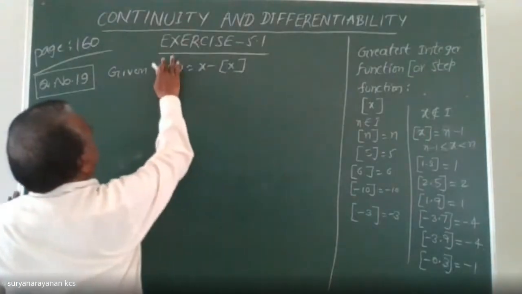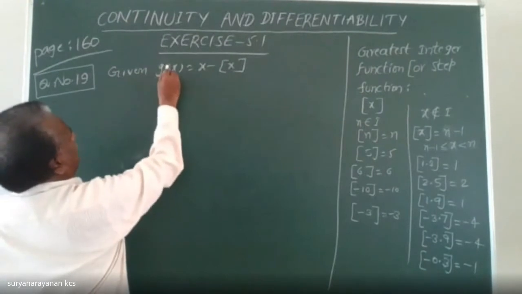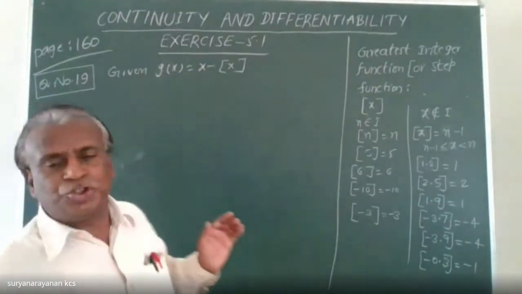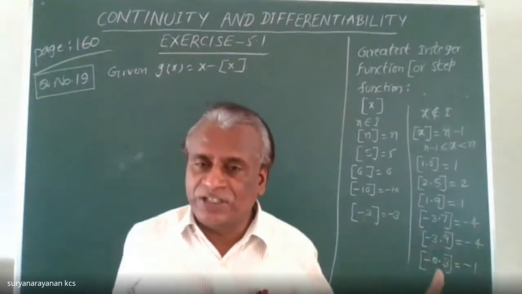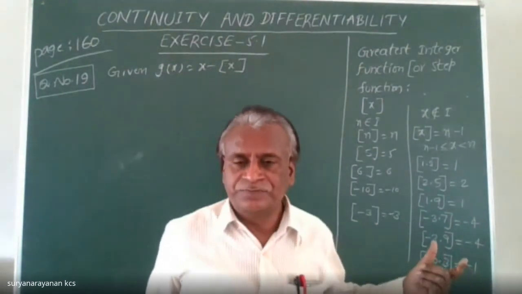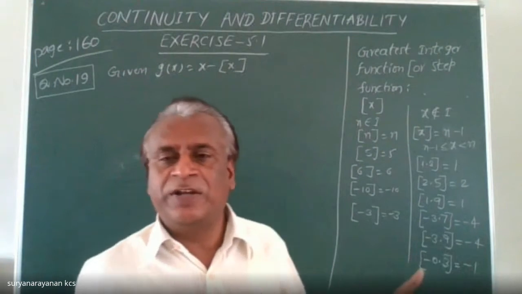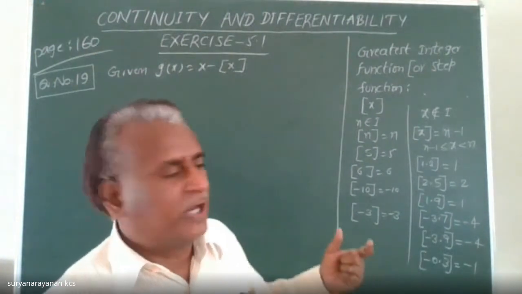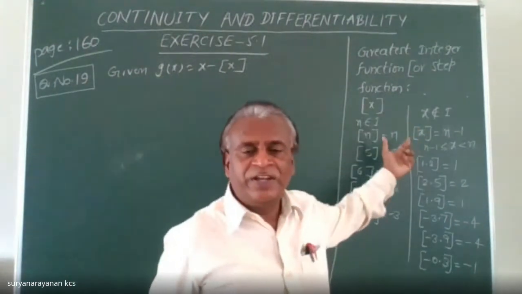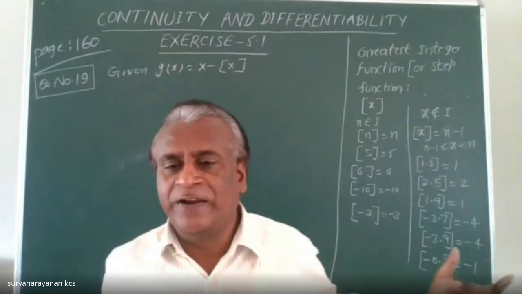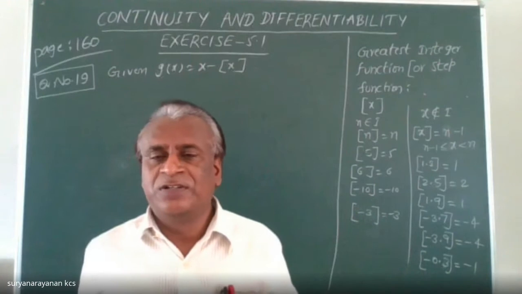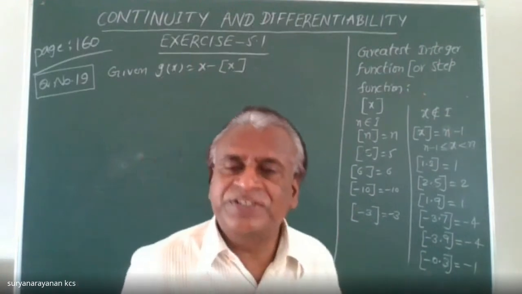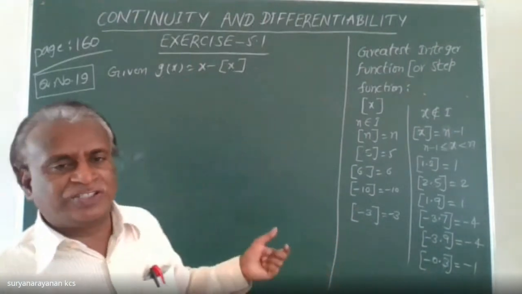It's not f of x, sir. Oh, okay, g of x. You have to show that this function is not continuous, or it is discontinuous at all integral points, means at all integers. We have to show this.